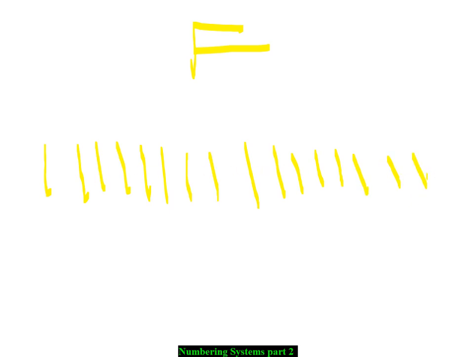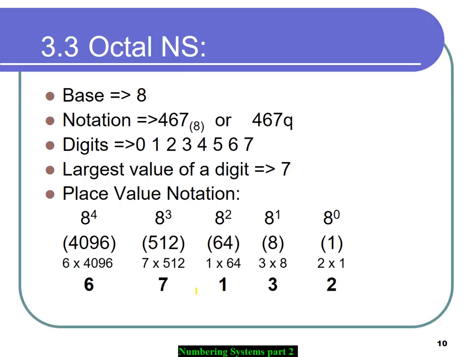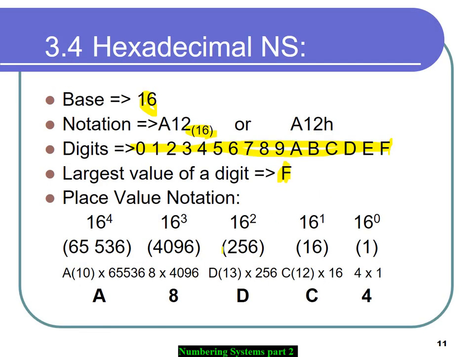That's 15, right? So if you count all this up, you will understand that this is your 0 and this is your F here, and this is the largest number that you would get. Going back to hexadecimal, the largest value of a digit is F, right?